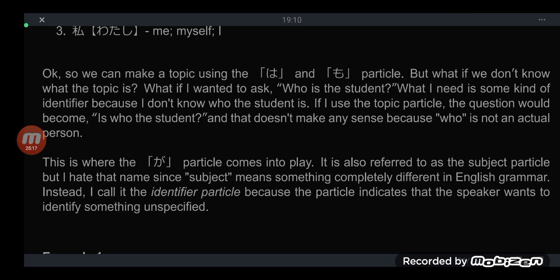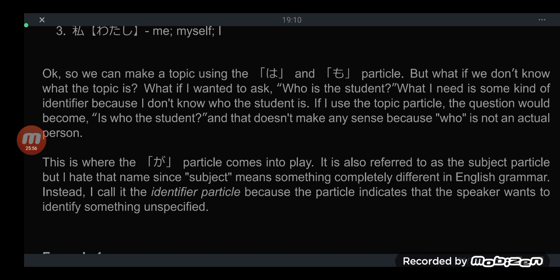A while ago we discussed the wa, but the ga also describes. It doesn't just describe, it identifies. More than just describing, it identifies. So as I have said, it should answer the question: who is the doer of the action, or what subject is the intransitive verb referring to, or who will be the recipient of the action, or of such changes.